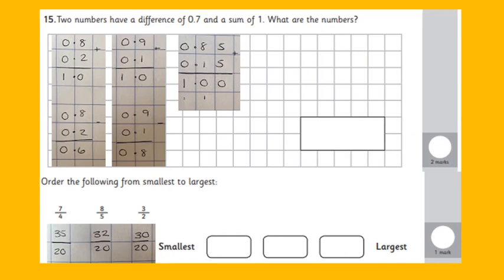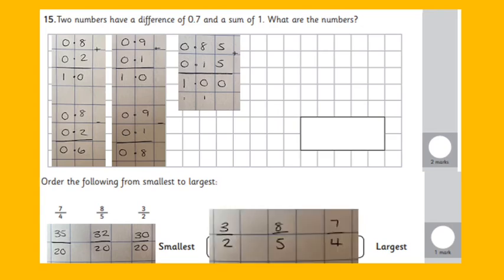So I will put them into the correct place values for you, which you can now see on your screen. So actually 3 over 2 ended up being the smallest fraction, because obviously 8 over 5 and 7 over 4 are still both top heavy fractions themselves because the numerators are bigger than the denominators. So definitely using the method where you turn them all into the same denominator has worked better here.